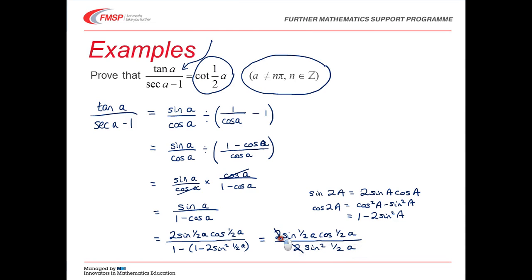So the 2's cancel, and the sine half a on the top cancels with one of the sine half a's on the bottom, giving us cos a half a over sine a half a, which is cot a half a, as required.